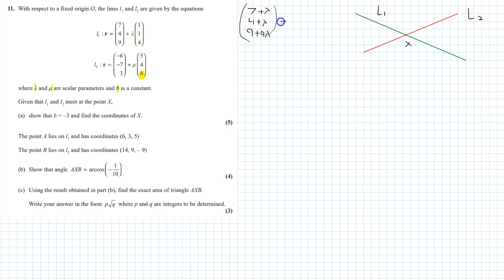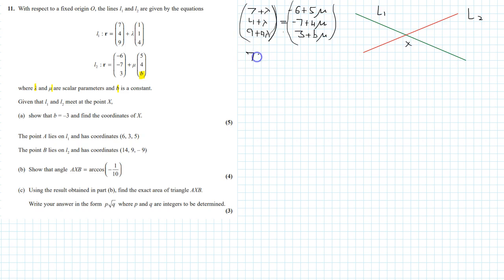This is going to be equal to -6 plus 5 mu, -7 plus 4 mu, and 3 plus b mu. Now if they are intersecting at X, these values should be the same.